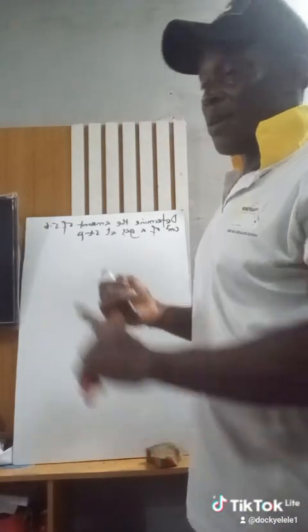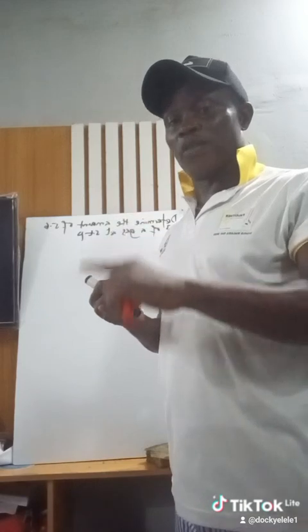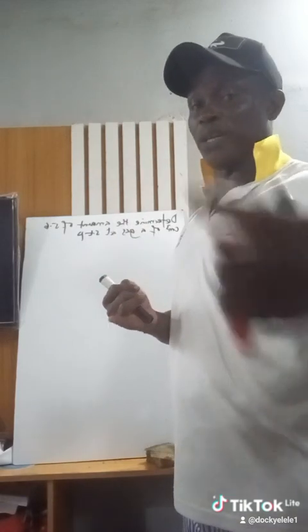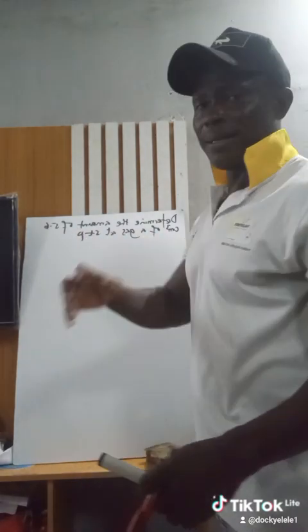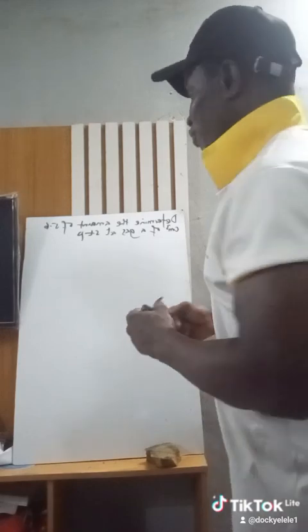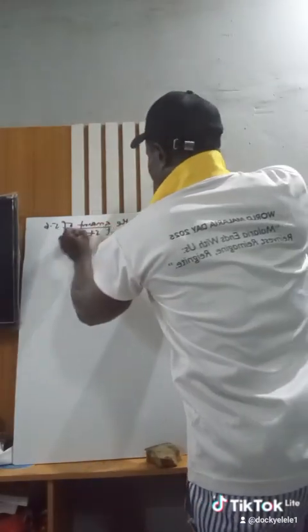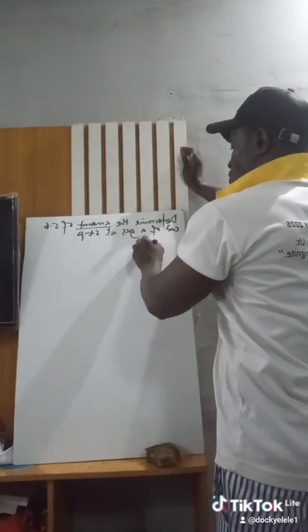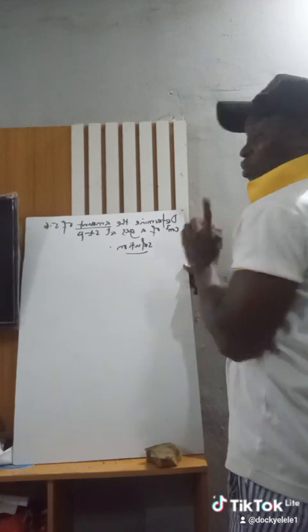I told you that 1 mole of a gas is equal to 22.4 dm cube or 22400 cm cube. Very simple. Now, amount is also known as mole. So read the question carefully. Determine the amount. Amount means number of moles.